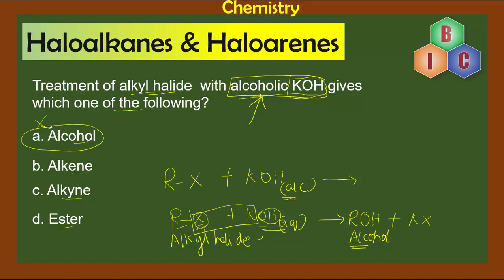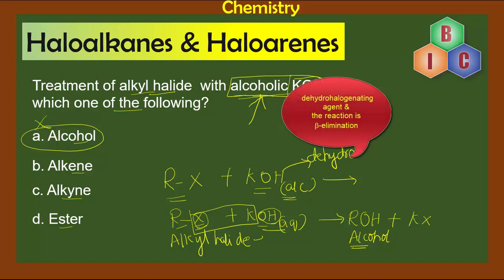Now let us see what will happen when alkyl halide is treated with alcoholic potash. Alcoholic potash, children, is a very good dehydrohalogenating agent. Now what do we mean by dehydrohalogenation?